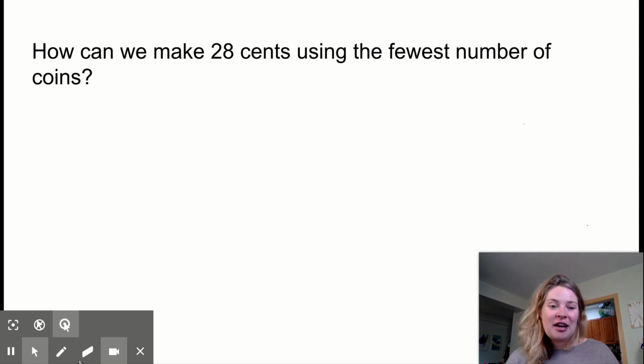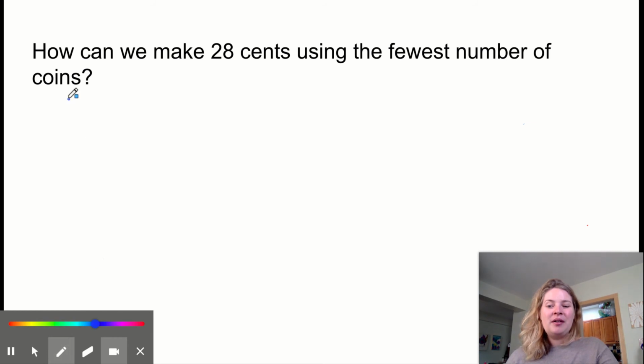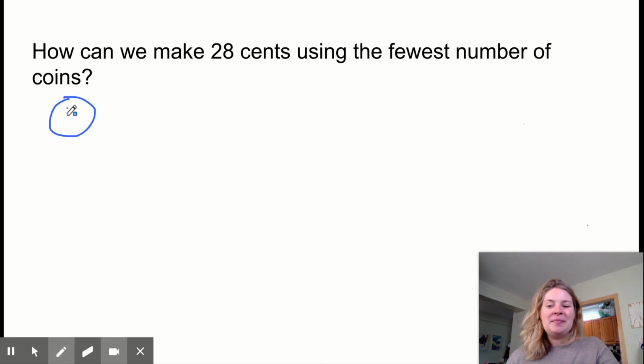There are lots of ways to make 28 cents. Let me show you some. You could do it with a dime, another dime, a nickel, and 3 pennies.